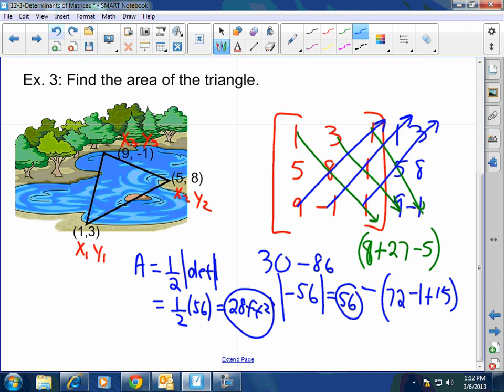Sir? You know the 2x2 version, would that be more like to figure out the distance of a line? A 2x2 cannot be used to find area. Distance of a line is not going to be found by using a matrix. Distance of a line is the distance formula, which we have already learned, which is the square root of x2 minus x1 squared plus y2 minus y1 squared.